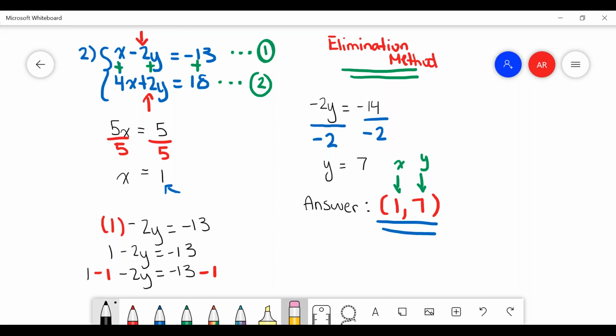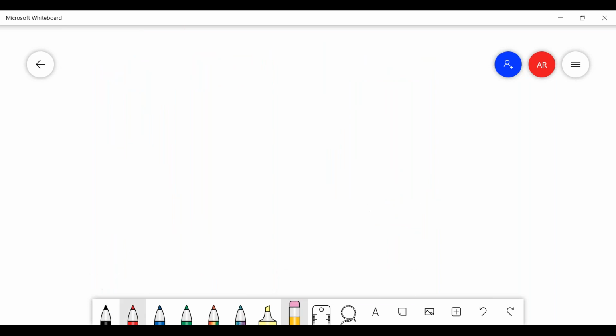So now we're going to be moving on to our final problem, which we're also going to be solving using the elimination method. So I'm just going to write this out. So the problem we'll be doing, question number 3, is 5x plus 10y equals 20.